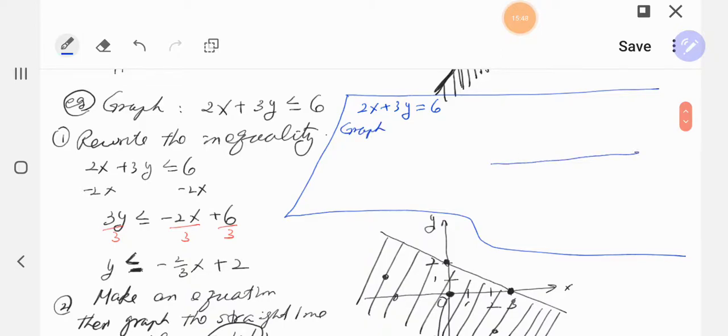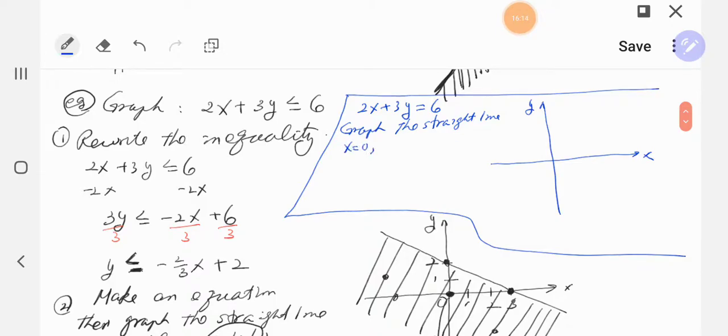So here is the x-axis. Here is the y-axis, right? Okay, so graph the straight line. So we will try x equals 0.